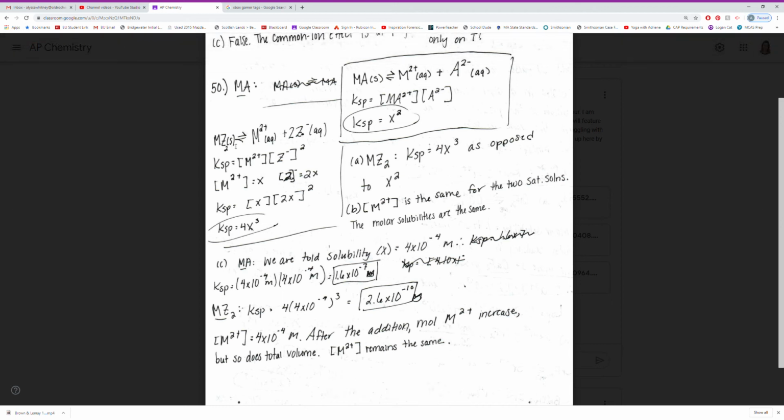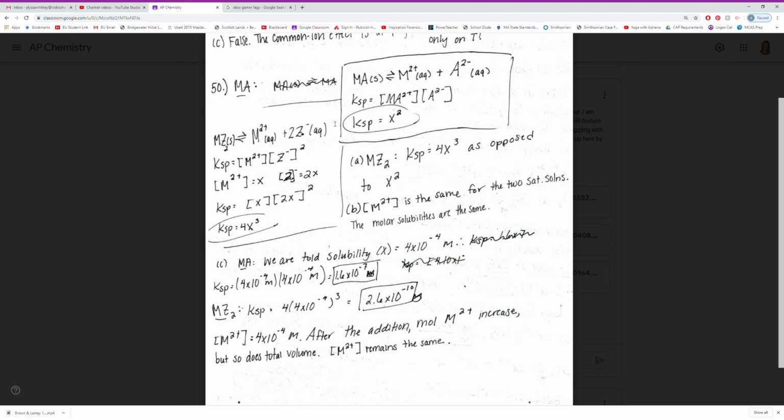Part B asks, in a saturated solution of each salt in water, which has the higher concentration of M2+? The answer is just that the concentration is the same for both saturated solutions. This is due to the fact that the molar solubilities are the same for M2+ in both expressions.